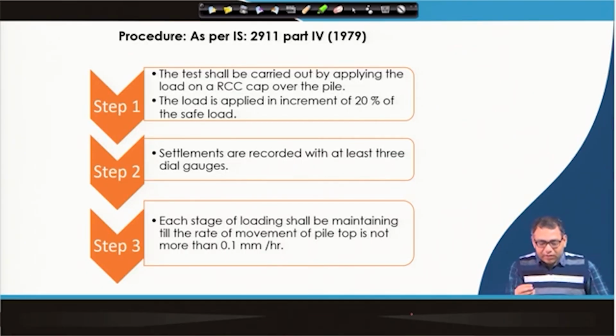Then settlements are recorded at 3 dial gauges, and the average value is used as the settlement of the pile corresponding to a particular load. Each loading stage or each increment is kept on the pile till the movement of the pile top is not more than 0.1 millimeter per hour.